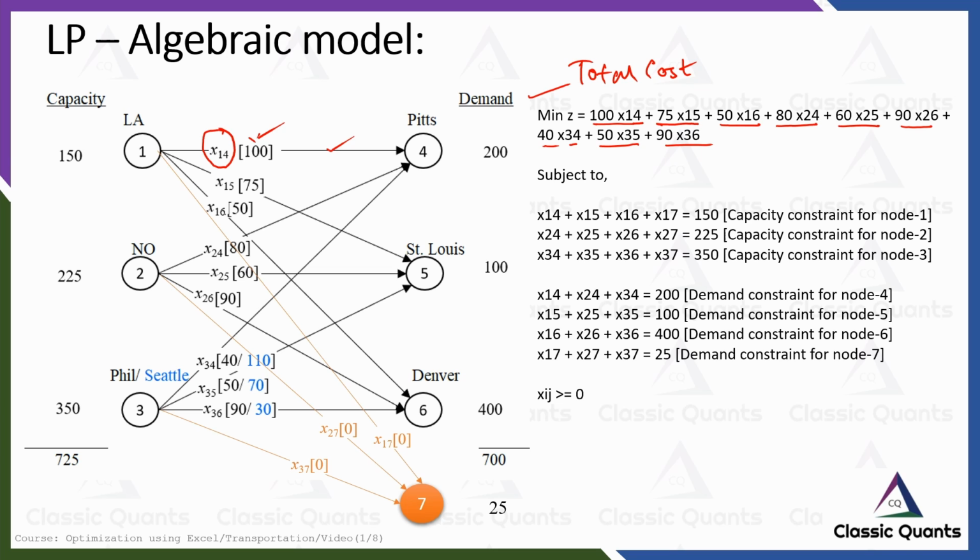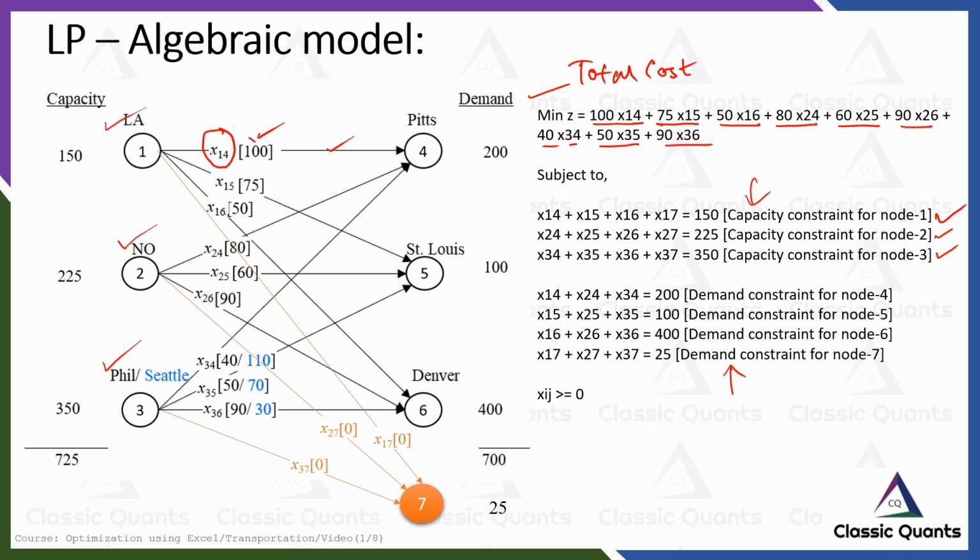Now when it comes to the constraints, there will be 2 types of constraints. One is your capacity constraint and another is demand constraints. Now you have 3 capacity centers, so you will have 3 capacity constraints for each of them.